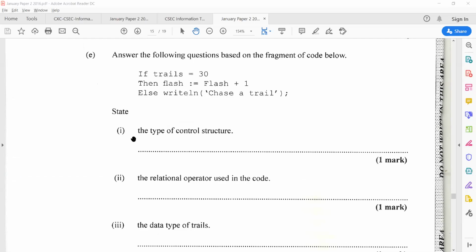Okay, so what is the type of control structure used in this fragment of code? Anyone can identify the control structure?